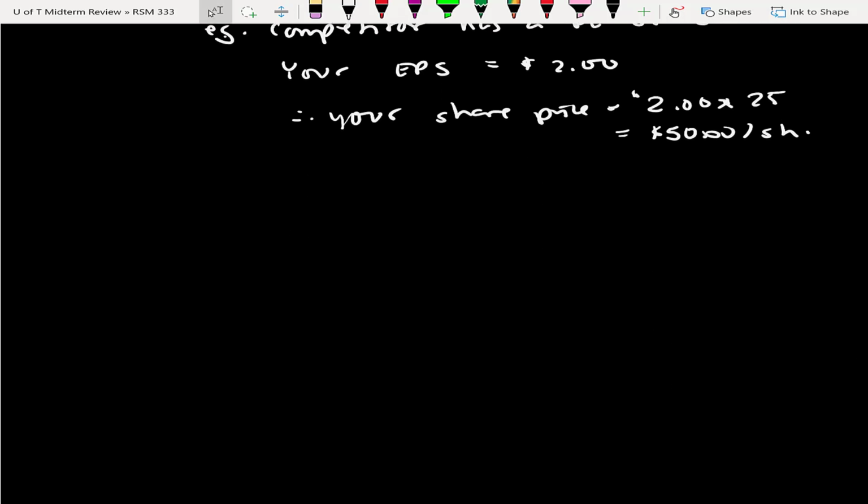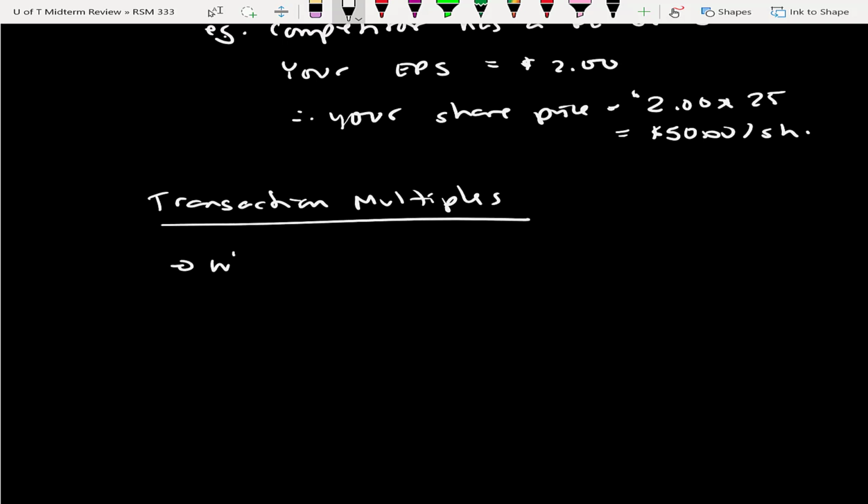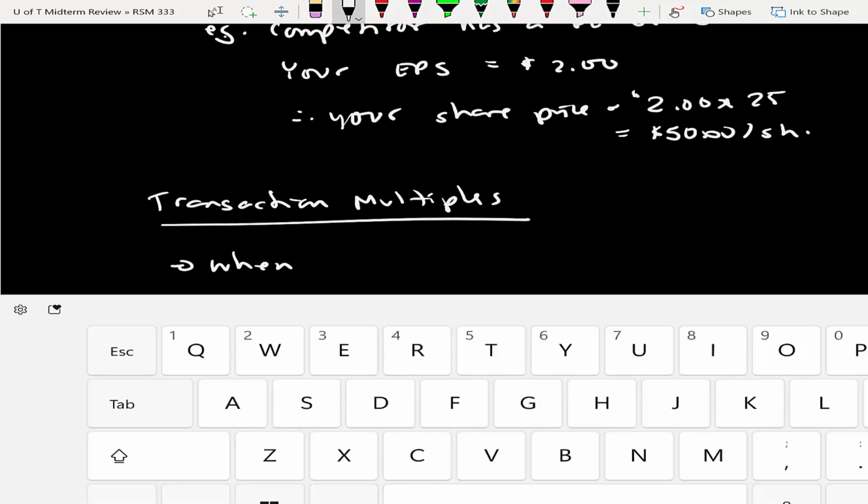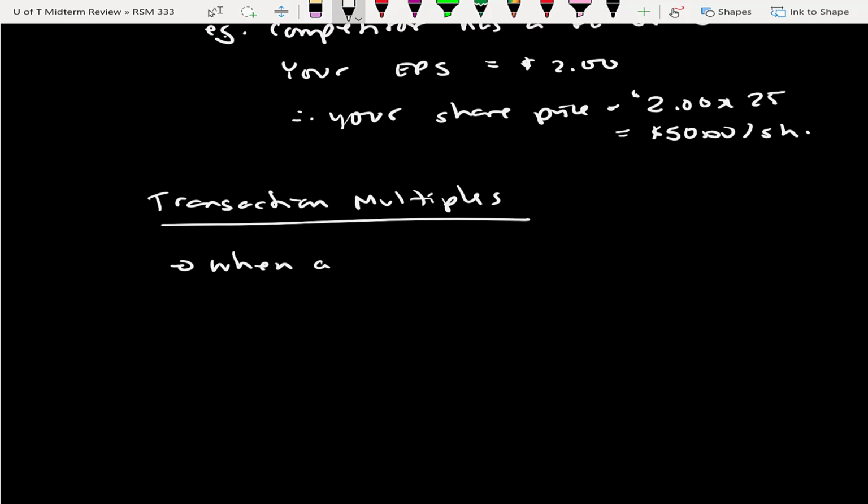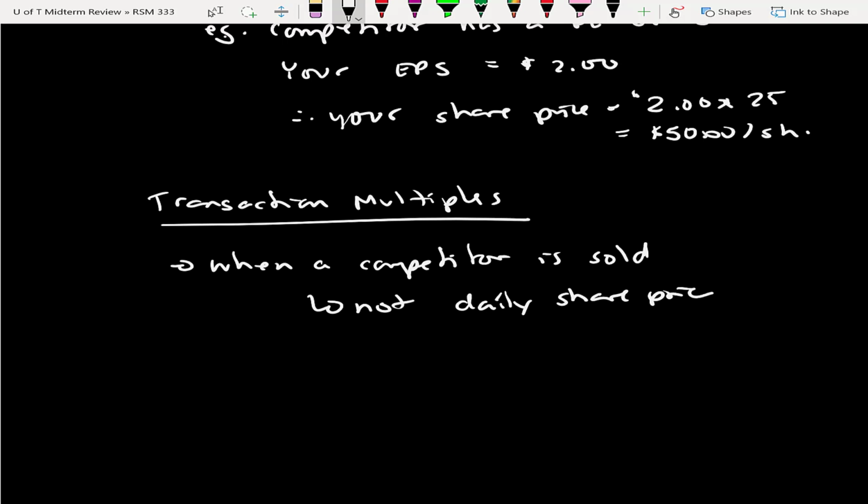And this is essentially the same thing for transaction multiples. The difference is a transaction is when a company has been sold, or when a competitor has been sold. So instead of looking at the daily share price, you're looking at the acquisition price.